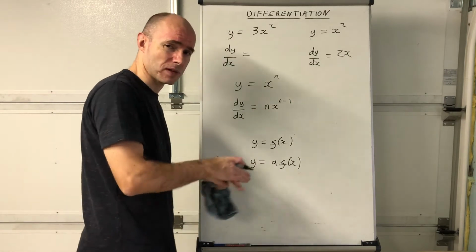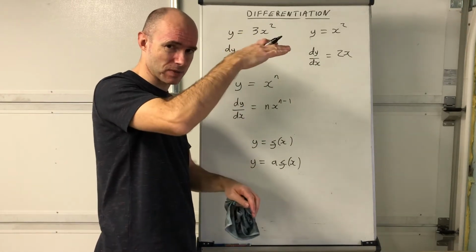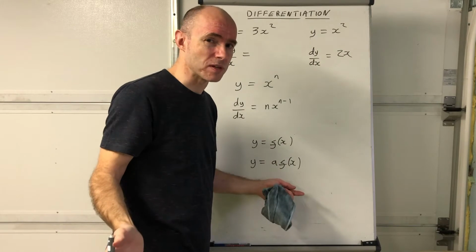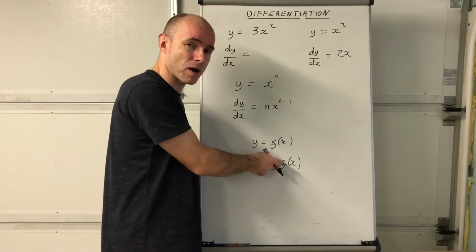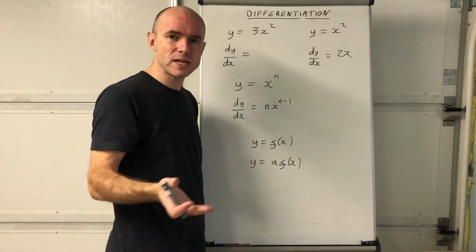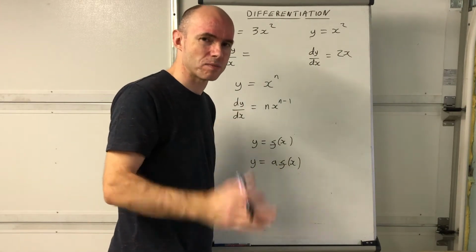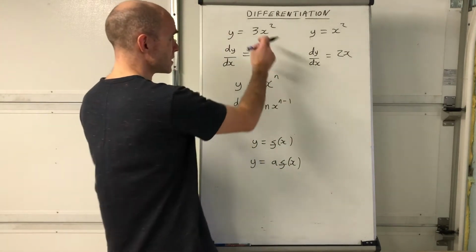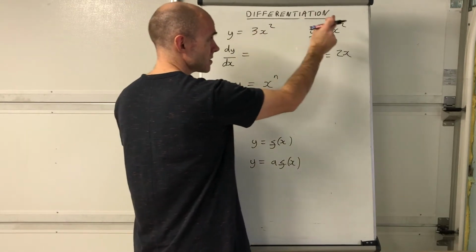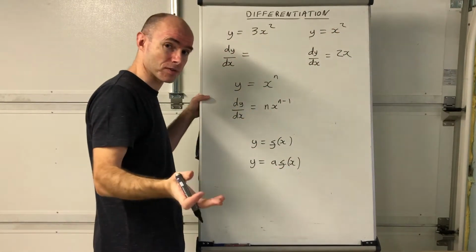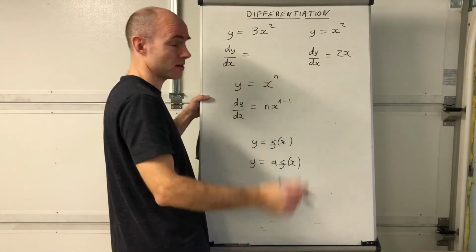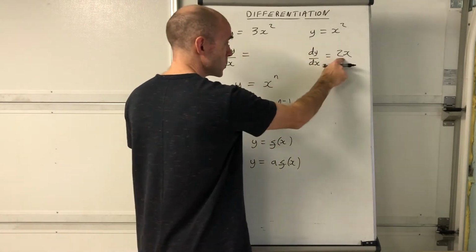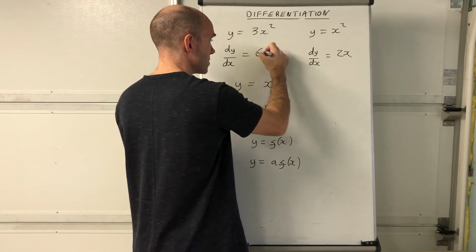It makes it steeper in the y direction. Remember, gradient is all about steepness. So the factor a makes the whole graph steeper by a factor of a, so it makes the gradient increase by a factor of a as well. So this graph, 3x squared, is steeper than x squared by a factor of 3. And so the gradient is also going to increase by a multiplication factor of 3. So it'd be 2x multiplied by 3, which is 6x.